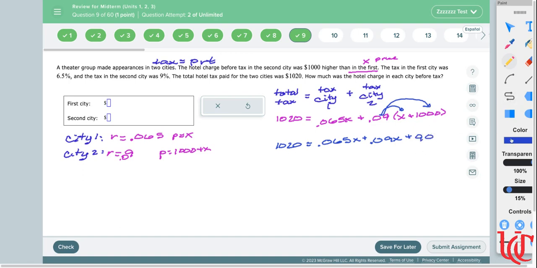Combining like terms, I have, do these two get combined? 0.155. Subtract the 90 from both sides. This is going to be 930.